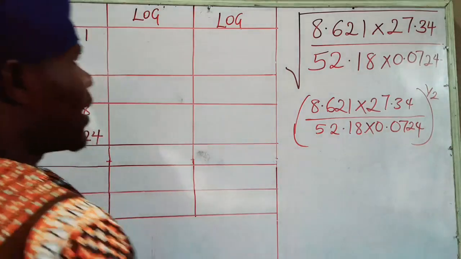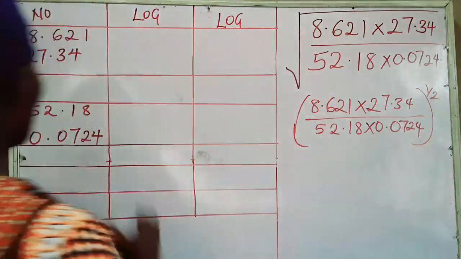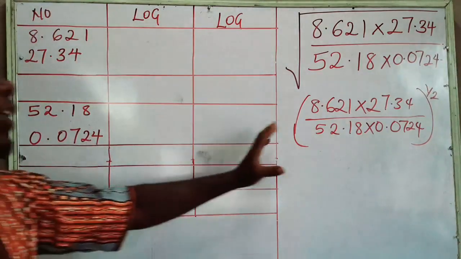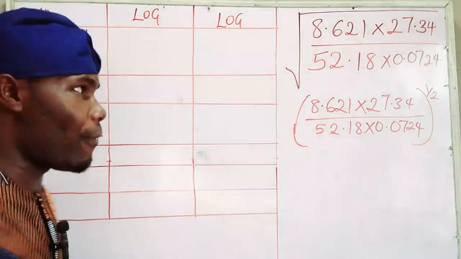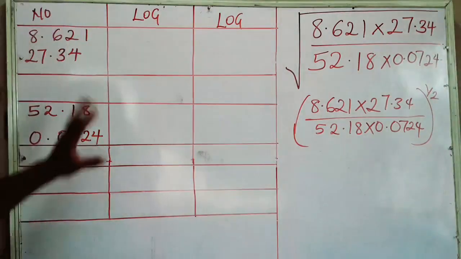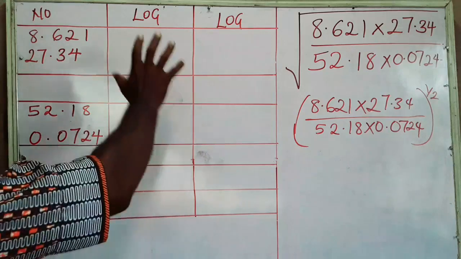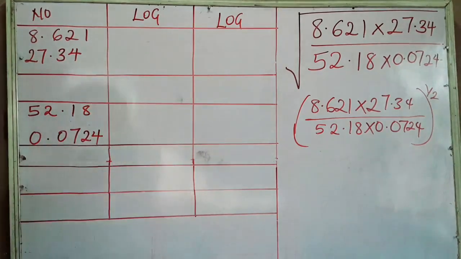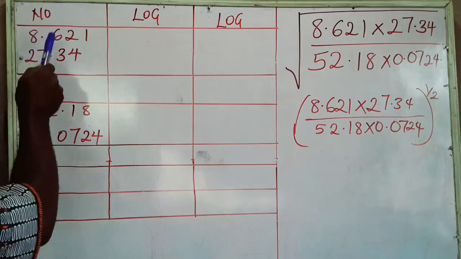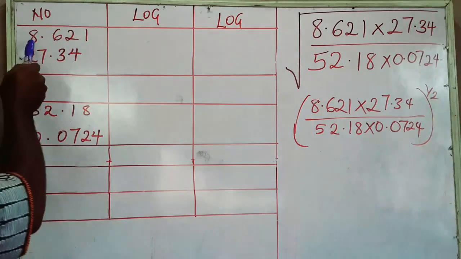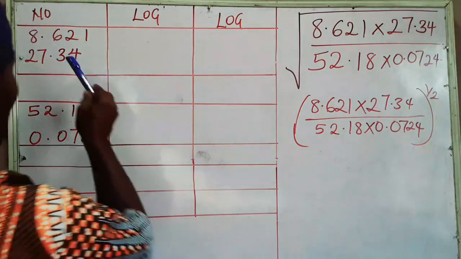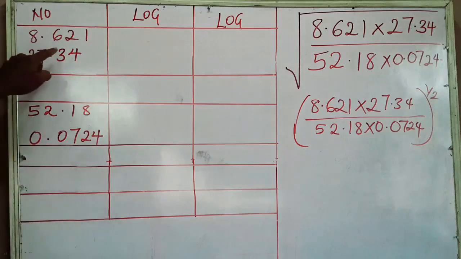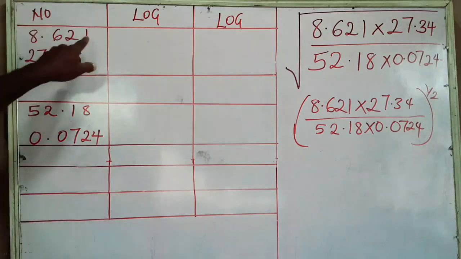So now, you find the logarithm of 8.621, which I have tabulated here. When you have a logarithm question of this form, you must try to have a one to three tabular form to make it easier for you to analyze. Now, we have 8.621. You find the logarithm of 86 under 2, difference 1.